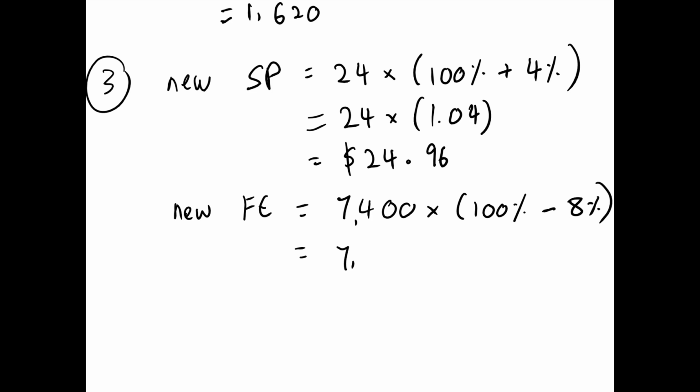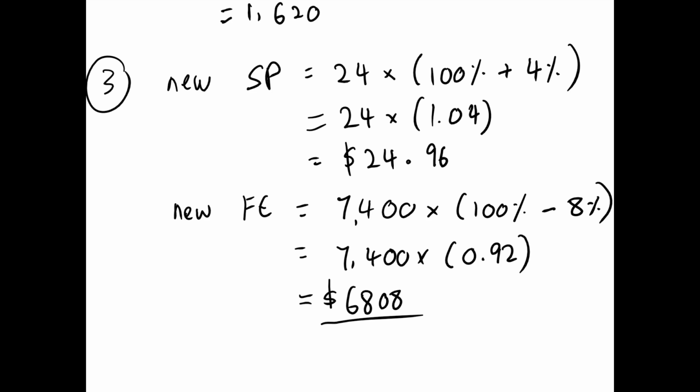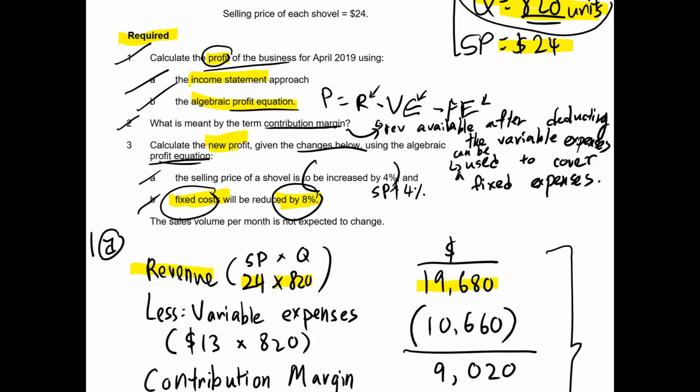So this will equal 7,400 times by 100% minus 8%, which equals 0.92, which is 92%. So 7,400 times by 92%, you will get $6,808. So your new selling price will be $24.96. Your new fixed expense will be 6,808.